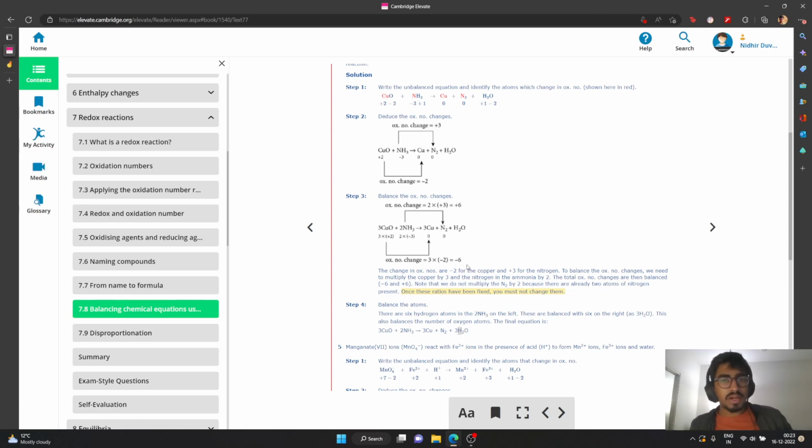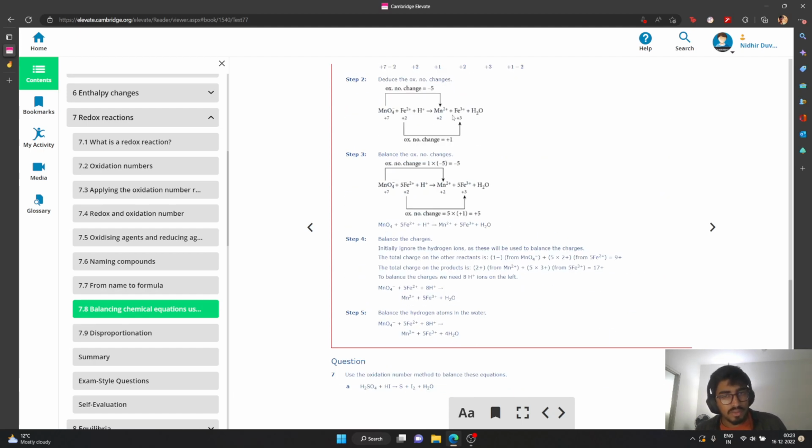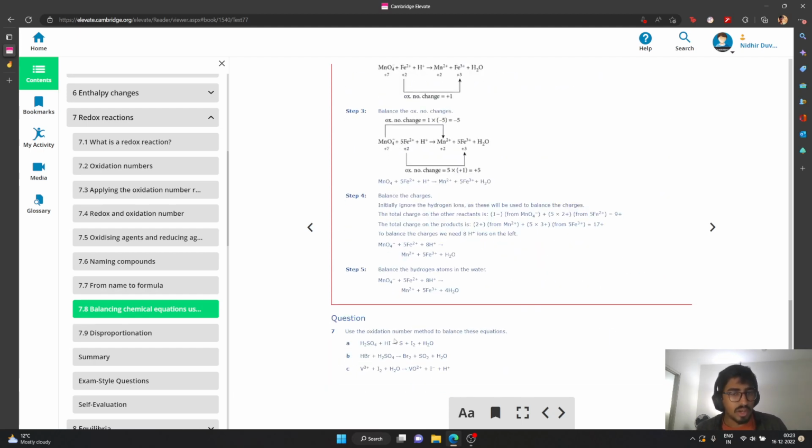Right, so let's look at it again. You write the unbalanced equation. You write all the oxidation numbers for it. You see how much is the change. You make the change equal by adding a suitable factor on either side, and then those ratios are fixed. Then you balance whatever is left outside. They have given one more example. Definitely go through that and try this.